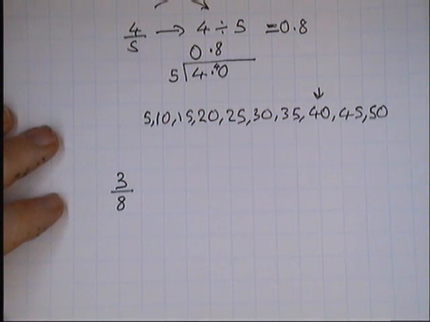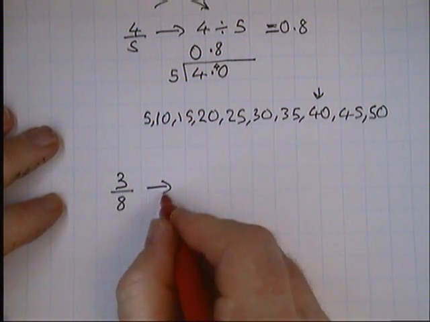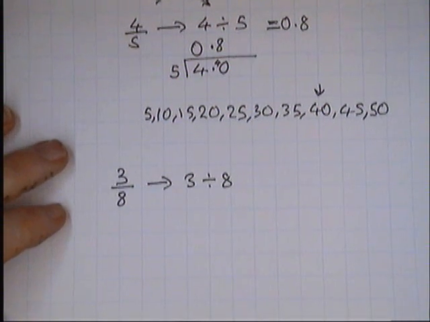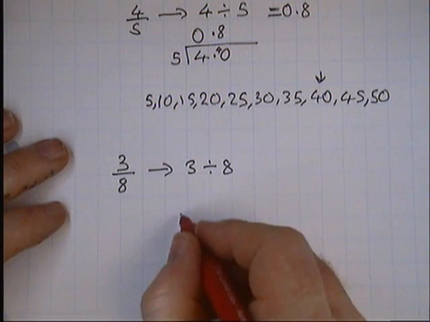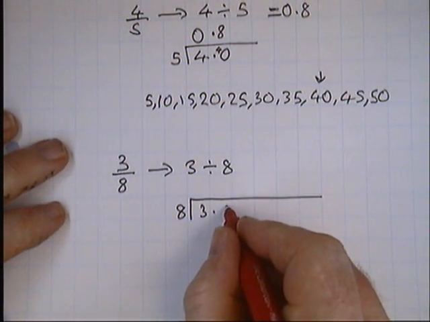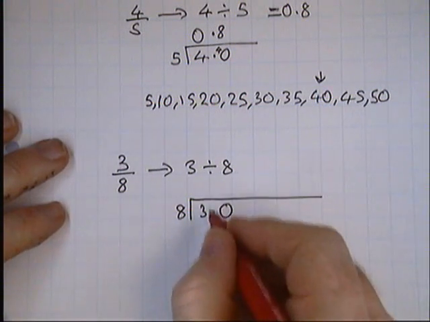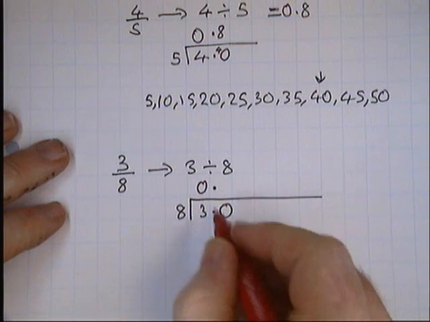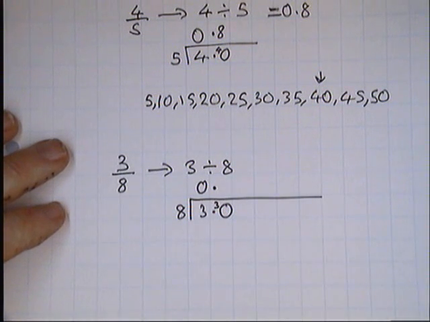3/8, for instance. That's the same as 3 divided by 8. Or how many 8s go into 3? So how many 8s are in 3? None. So we put the decimal point above the decimal point in the question, and carry the 3. Then how many 8s are there in 30?